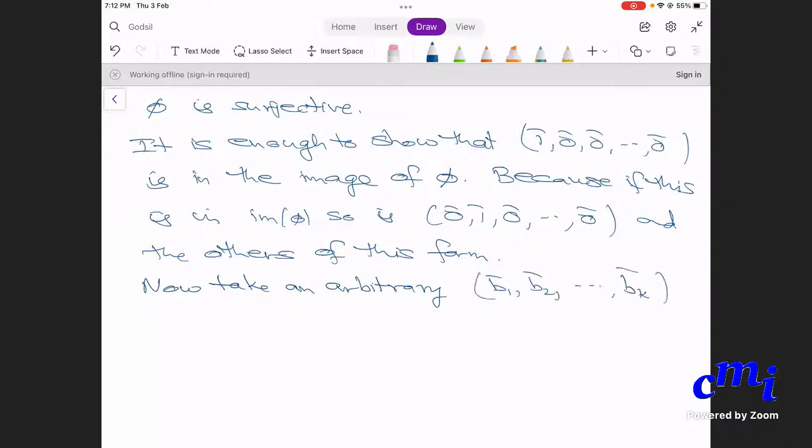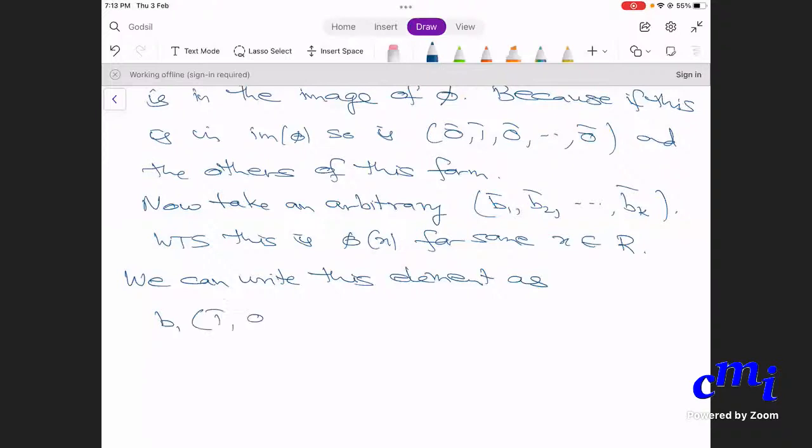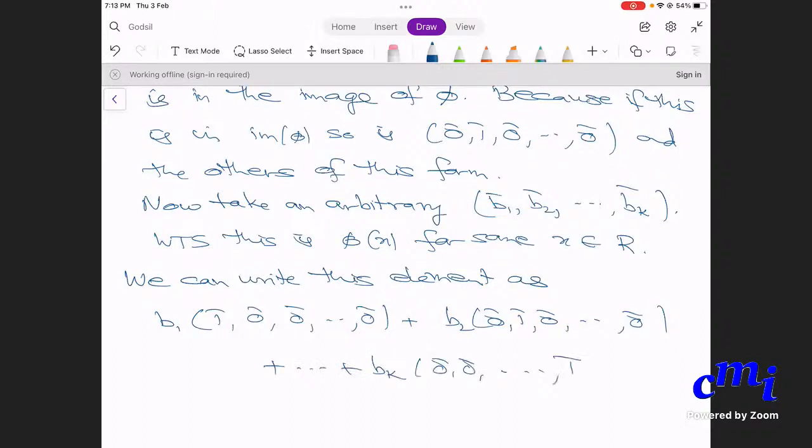I want to show that this is phi of x for some x in R. But we will write this element like this: b1 times 1 bar, 0 bar, 0 bar, 0 bar, plus b2 times 0 bar, 1 bar, 0 bar, up to bk times 0 bar, 0 bar, with the last one being 1 bar.